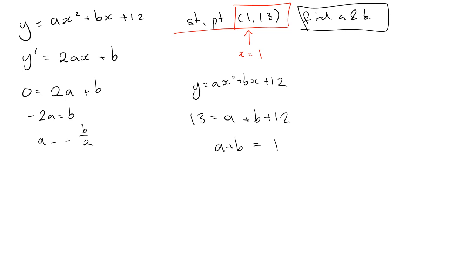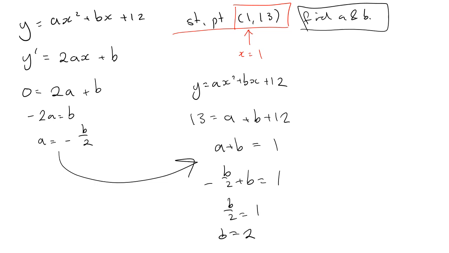Since we found that a is equal to negative b on 2, we substitute that here. So we get negative b on 2 plus b equals 1, which means that b on 2 equals 1 and b equals 2. We substitute b equals 2 back in here to find a. So we get a plus 2 equals 1, and thus a is equal to negative 1.